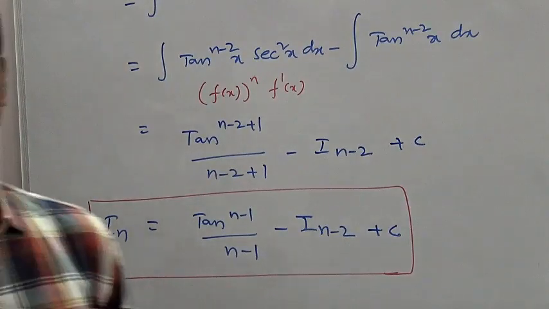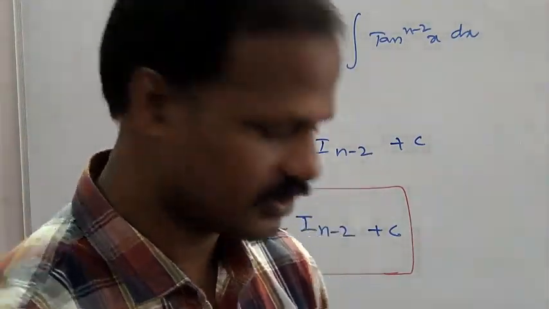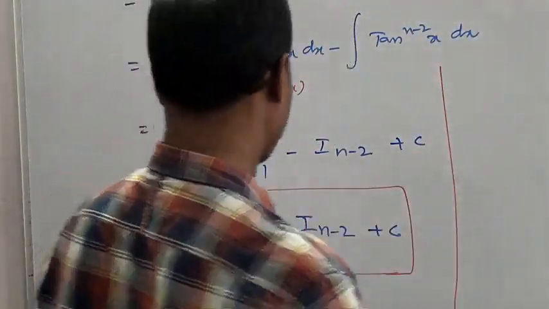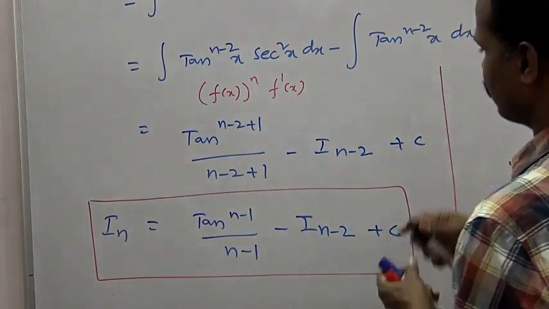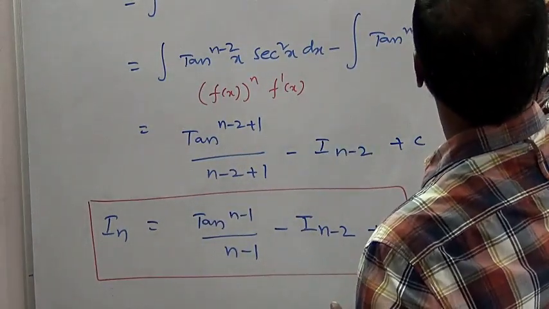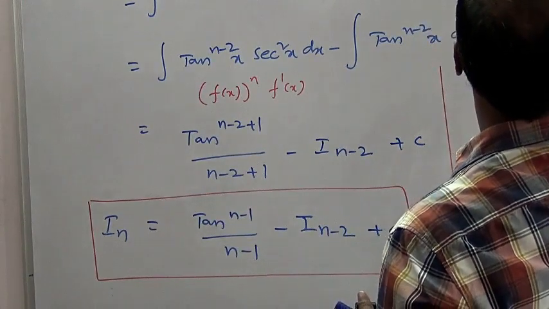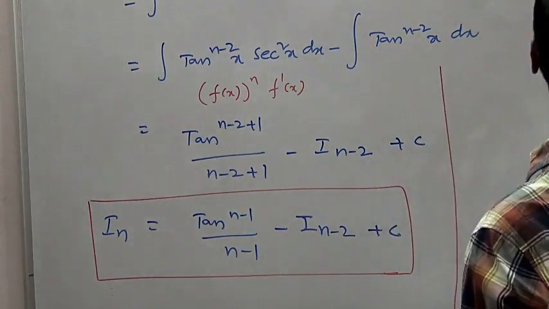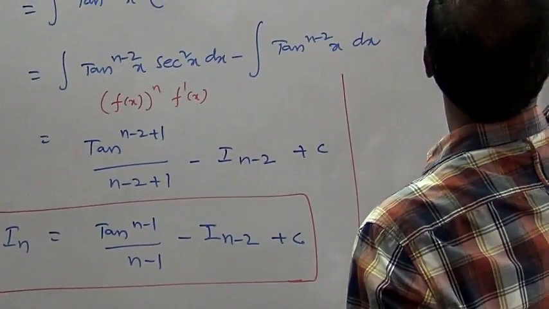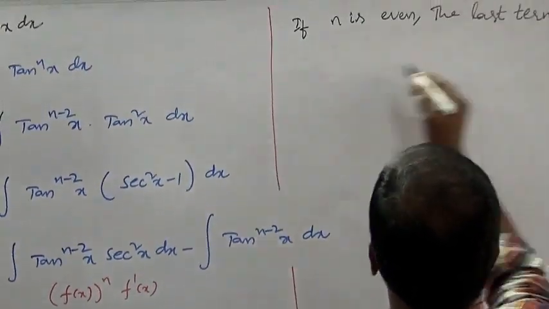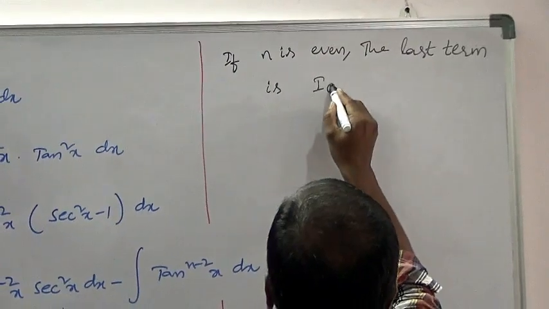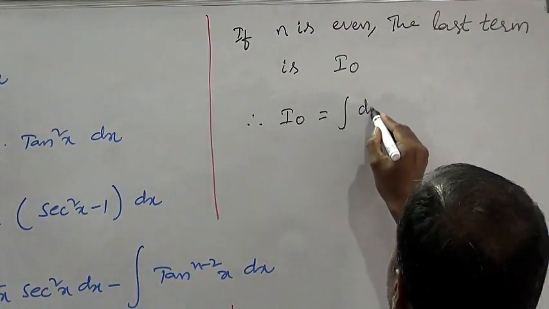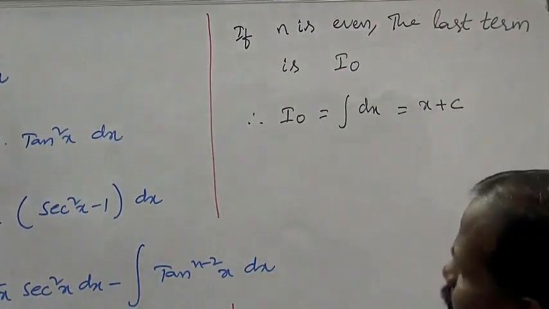Now what we have to do? You have to find the last terms. If n is even, the last term is I naught. So what is the value of I naught? I naught equal to integral dx, which is equal to x plus c.